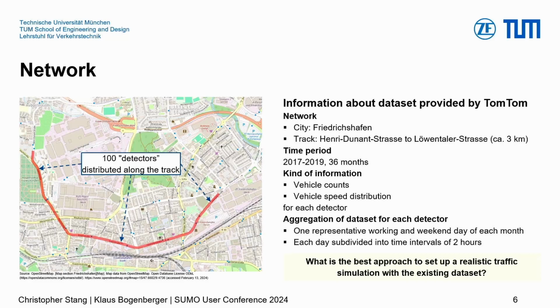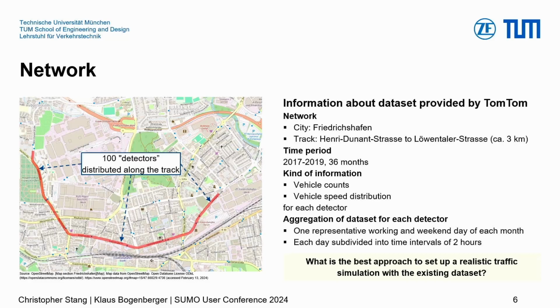The data set was already aggregated in a way that we have one representative working day and one representative weekend day of each month of each year, and each day again was subdivided into 12 time intervals with an interval of 2 hours.